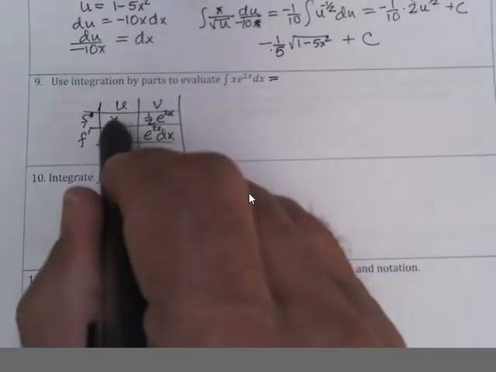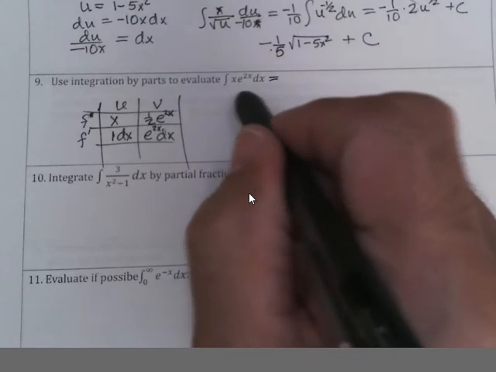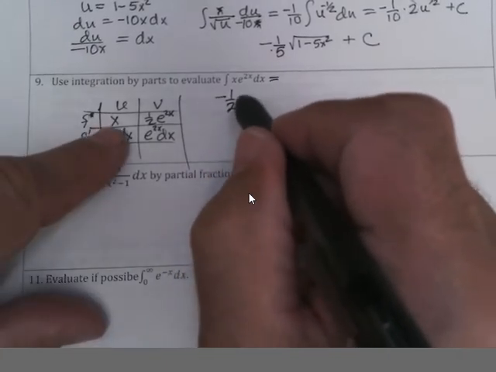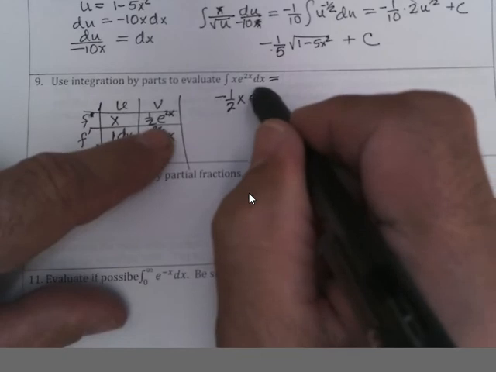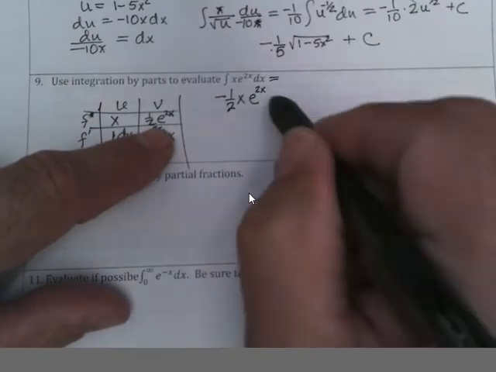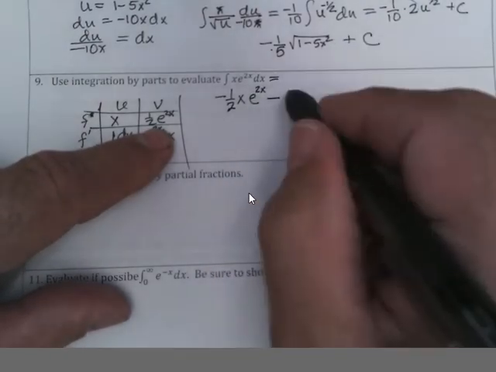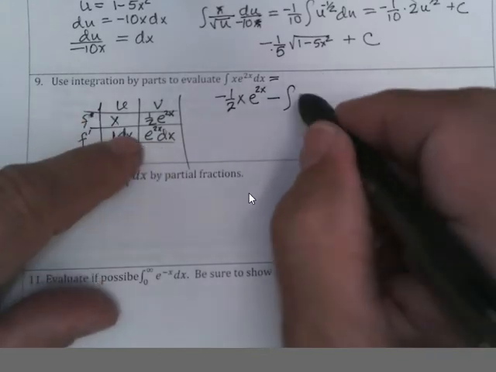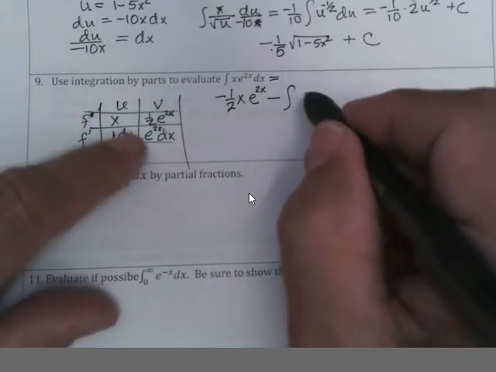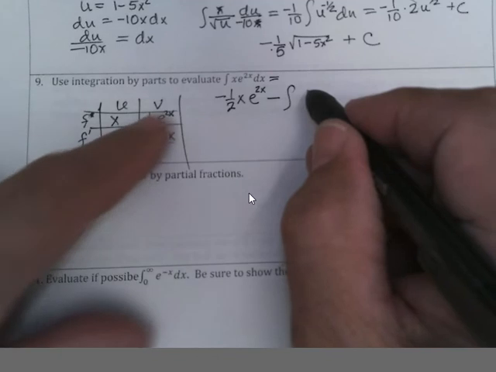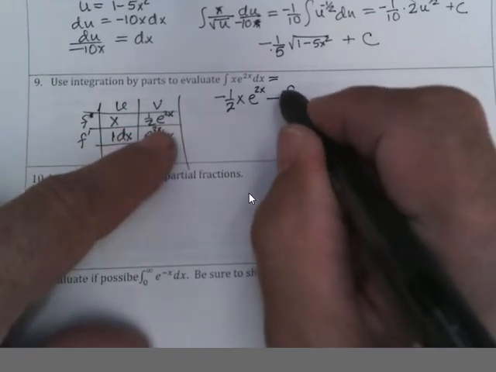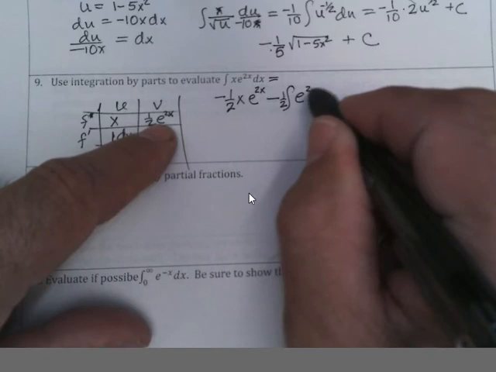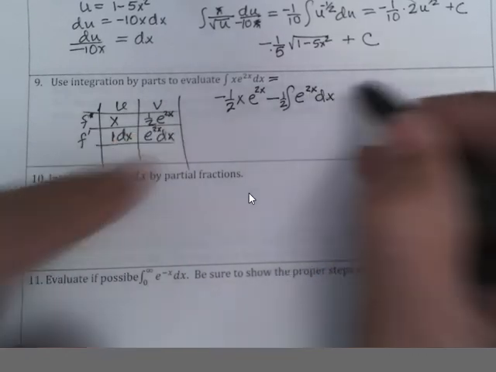So this becomes uv, 1/2 x e to the 2x, minus the antiderivative of the opposite direction. That's the one we did this way, which would be 1/2 e to the 2x dx.